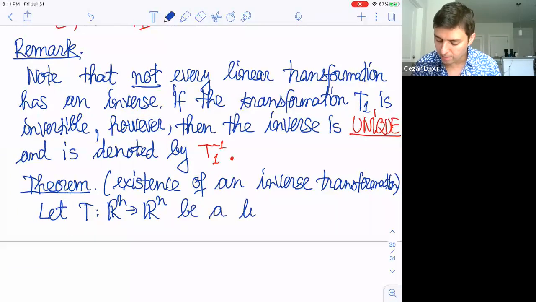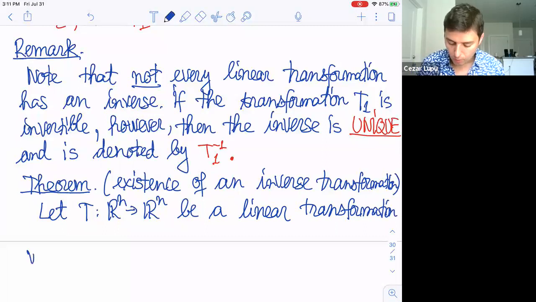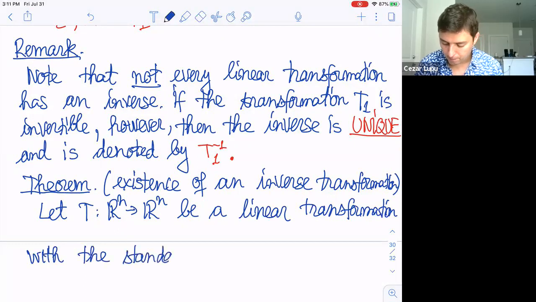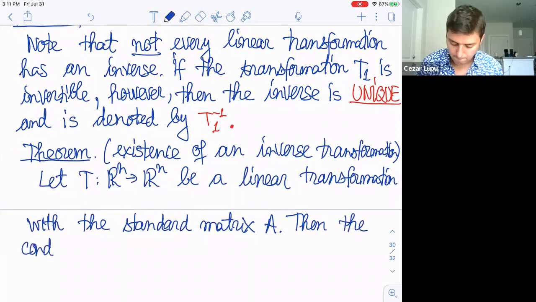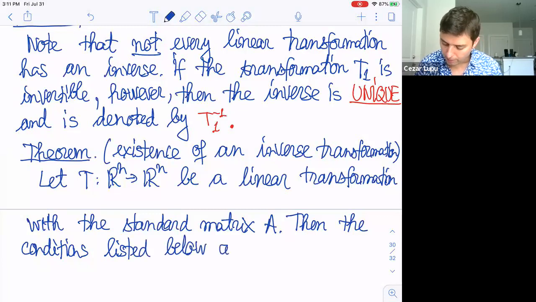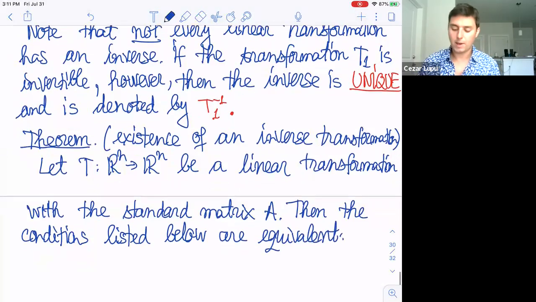Let T be a linear transformation with the standard matrix A. Then the conditions listed below are equivalent.